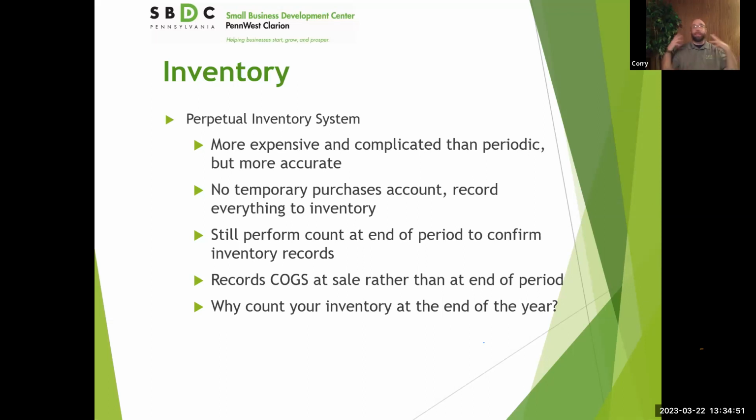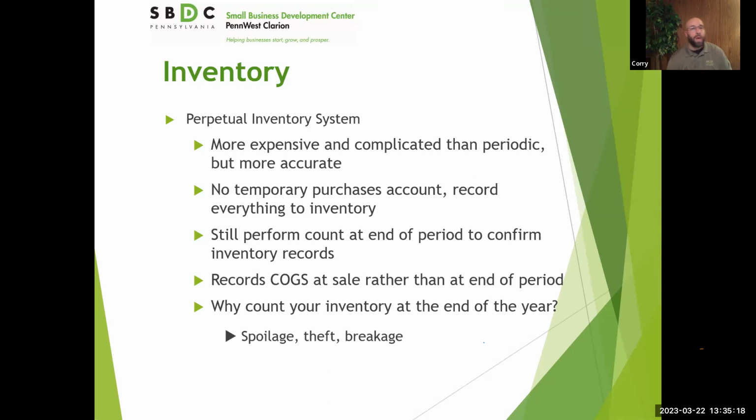Even our biggest stores around, like walk into a Walmart and they're still doing physical inventories. And our large manufacturers all around us here are still doing physical inventories. And the reason for that is you need to reconcile that which is in your physical location as compared to what is in your bookkeeping, and make sure that they agree with you at the end of the year.